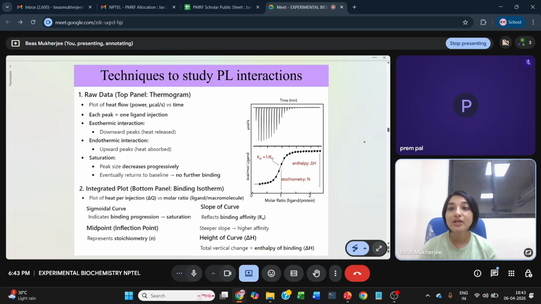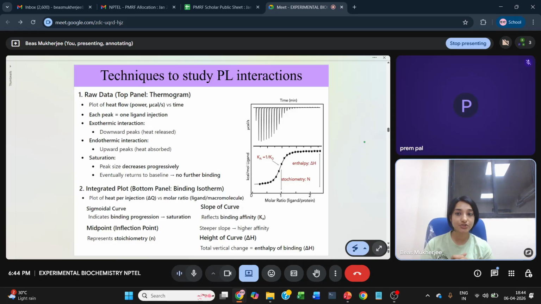Each peak is equal to one ligand injection. Since the peaks are all downwards, it is an exothermic reaction. If they were upward, it would be an endothermic reaction. That means heat is released when this ligand binds to the protein.